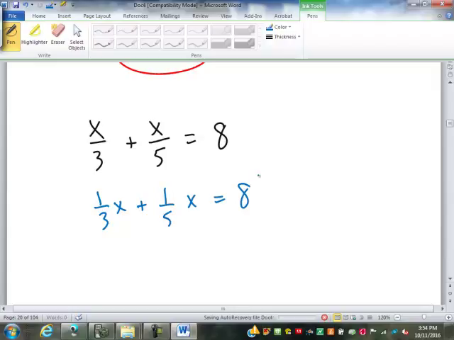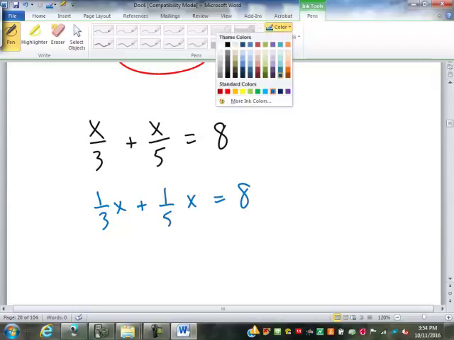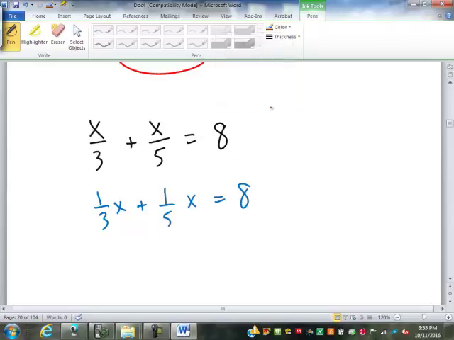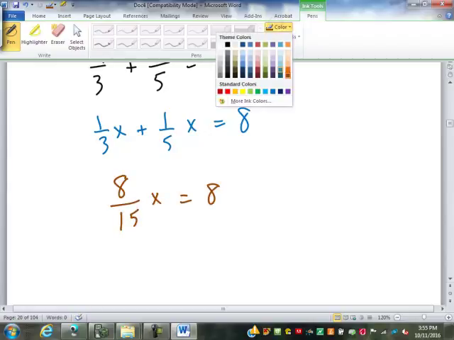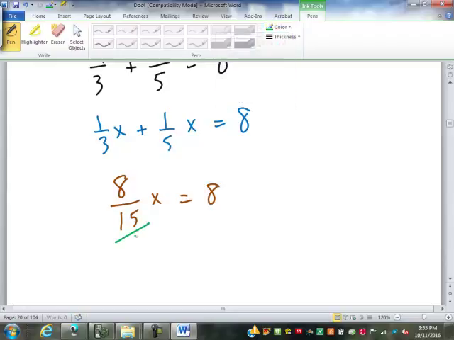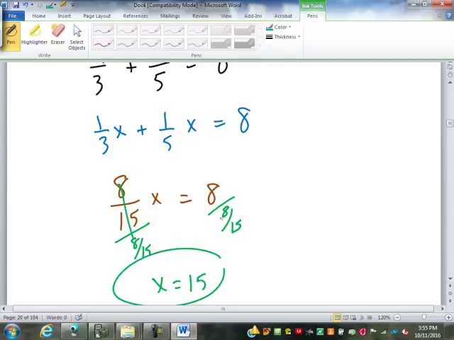So we'll think of that as 1/3 x plus 1/5 x equals 8. 1/3 and 1/5 equals 8/15 x equals 8. We divide by 8/15, should give us x equals 15. Anybody get 15? Okay. Good.